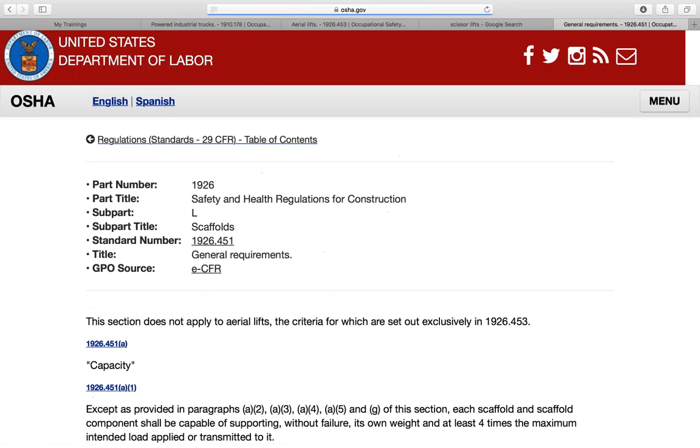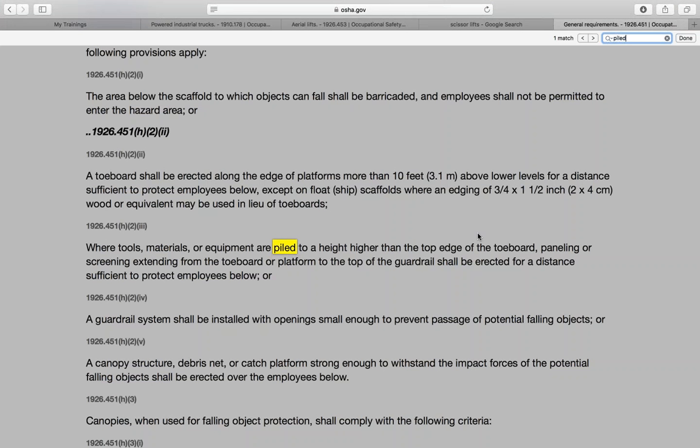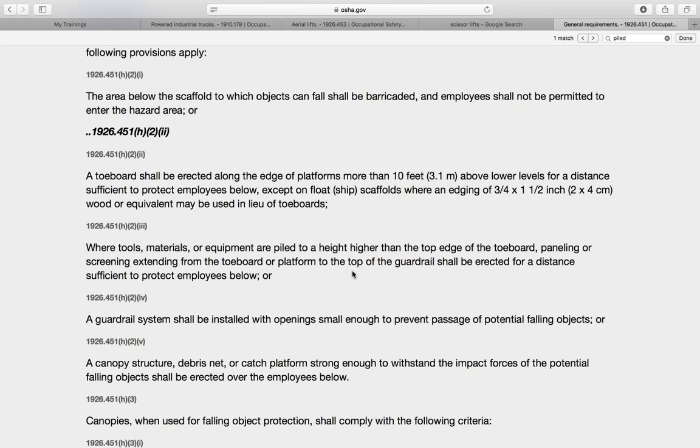It's going to be right here in the scaffold standard, I believe. Okay, so here you go, right here: where tools, materials, or equipment are piled to a height higher than the top edge of the toe board, paneling or screening extending from the toe board or the platform to the top of the guardrail has to be erected in order to protect employees down below.